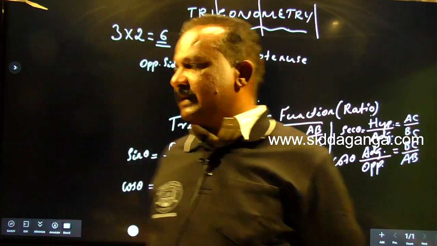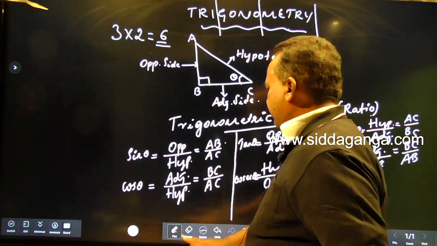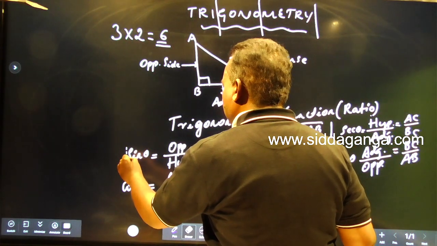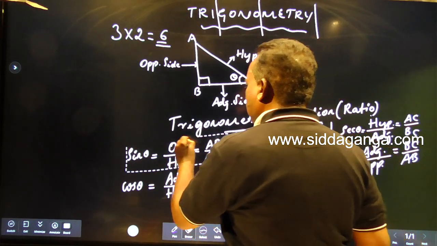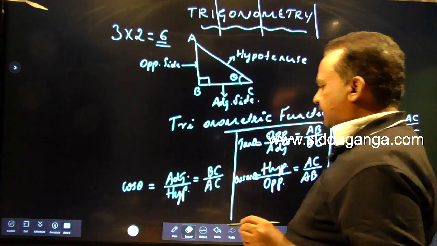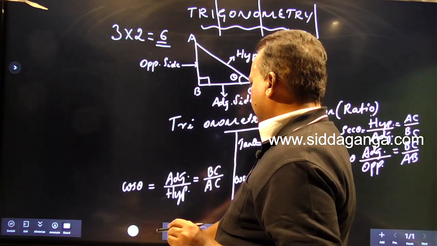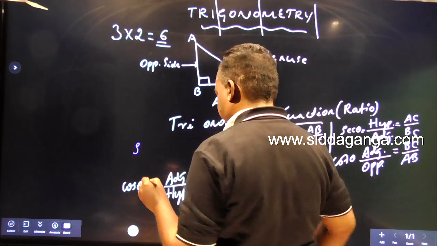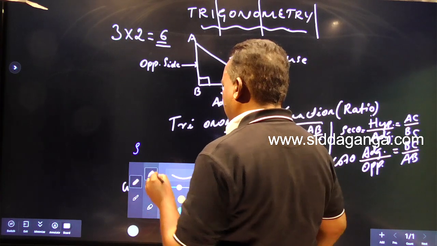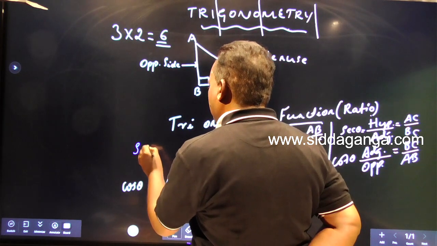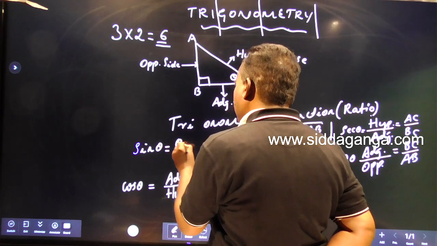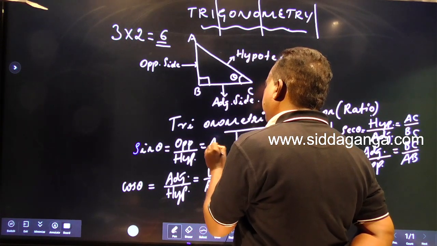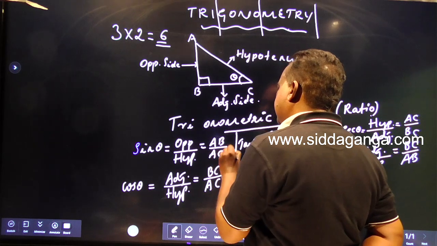Okay. Just take these 2 ratios. Sin theta is opposite by hypotenuse. What is opposite? AB, and hypotenuse is AC.